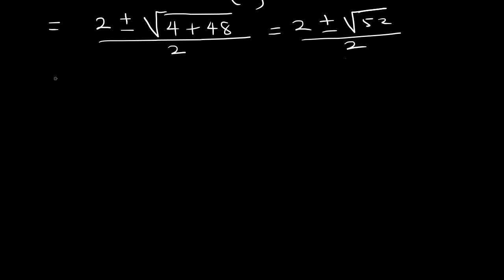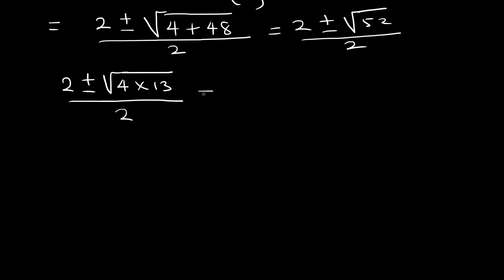So 52 is not a perfect square, so we're going to simplify it. 52 is going to be the same thing as 4 times 13, divided by 2, and that will give us 2 plus or minus.